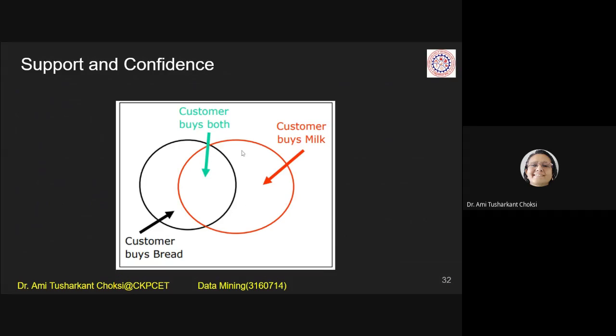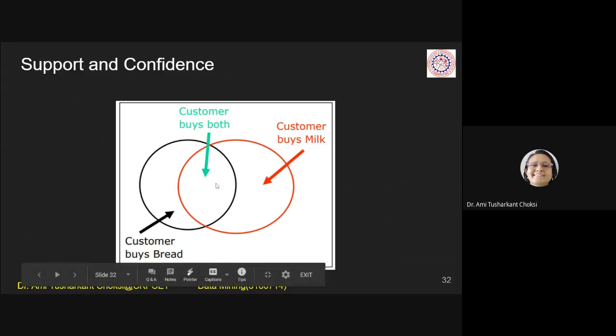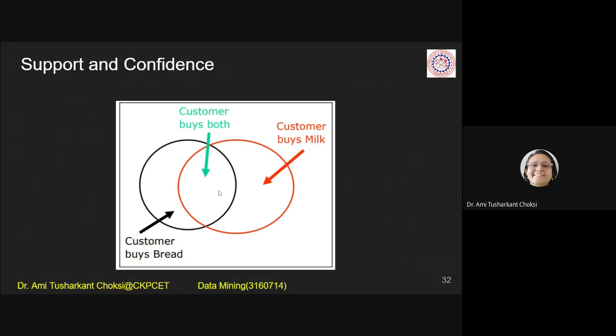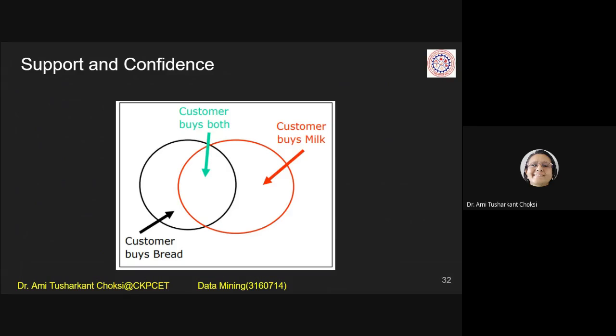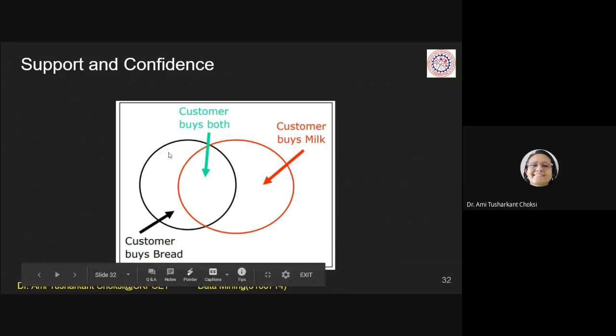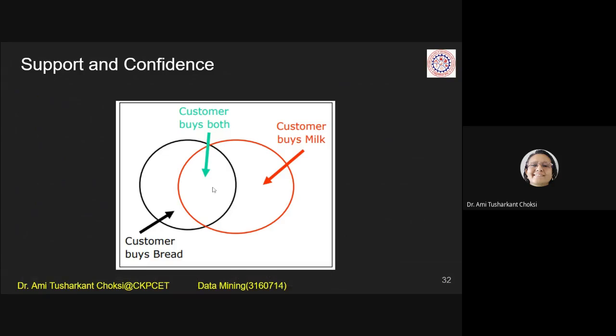And if we say the customer buys both, whatever is the intersection of both, that is the customer buys bread and milk. This circle is for the single item bread, this is for the single item milk, and where there is the intersection, we can say the customer buys both.